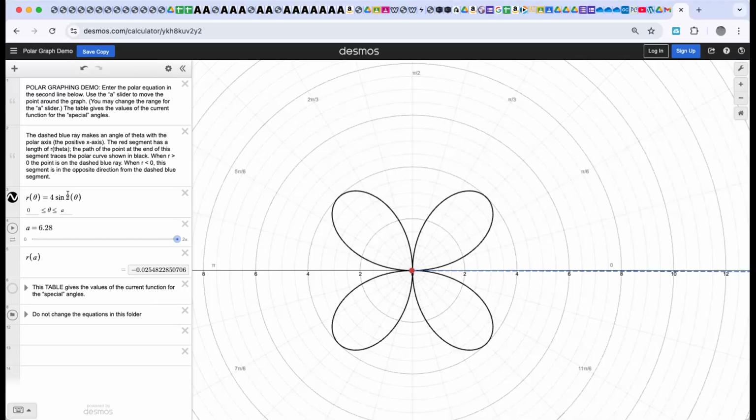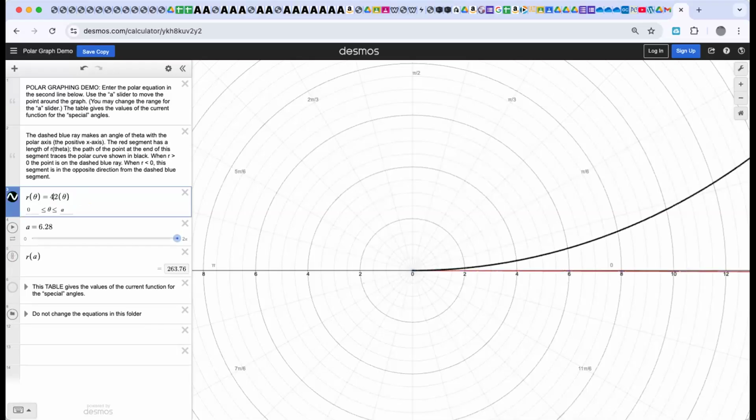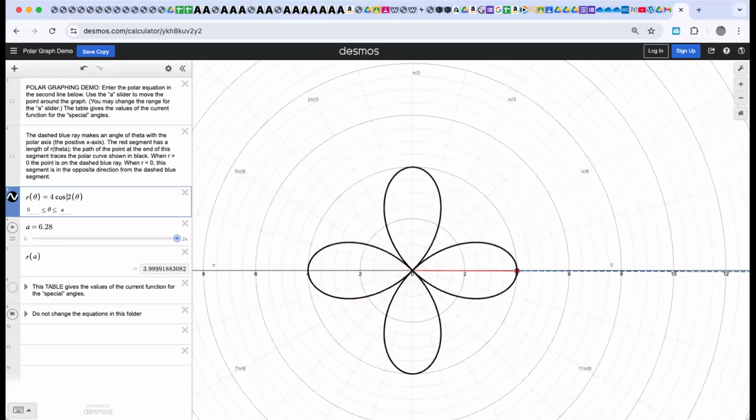So I'm going to change it to sine theta. This is the best way to understand. Cos will cover this. Here is where will be your first maximum. Sine will never touch this.